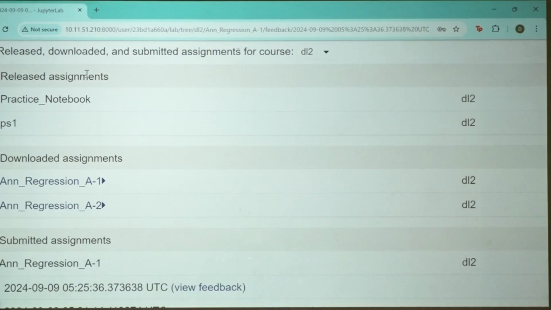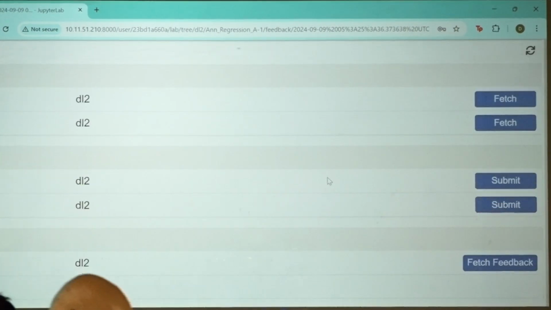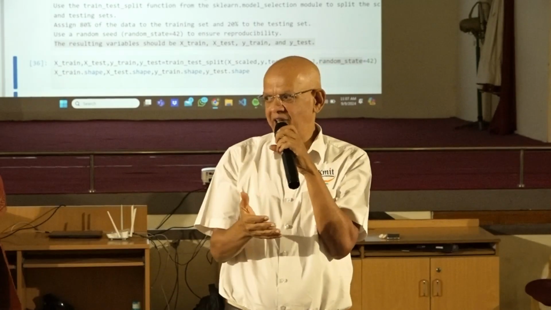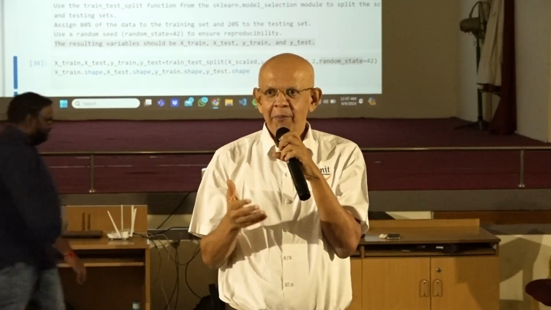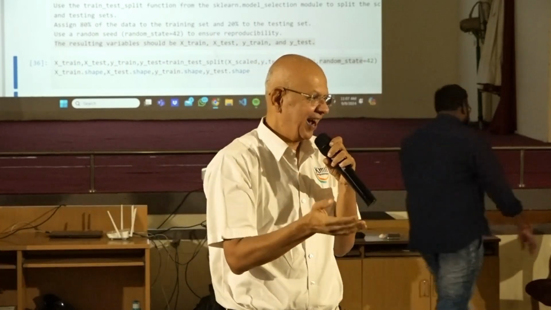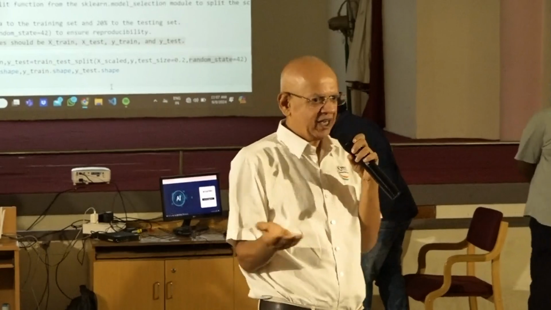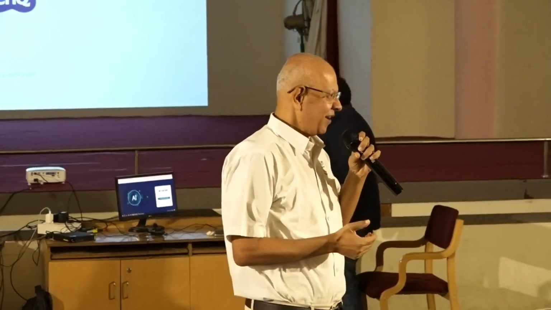Reproducible, exactly. That's a good word. See, what happens is often the split is random. Many people don't take random state, and that is an error. There are 100 tuples. Somebody may give test size 20%, and you will get an 80-20 split, but the 80 that you have and the 80 somebody else has can be different. There will be 80-20 all right, but your 80 and their 80 will be different.